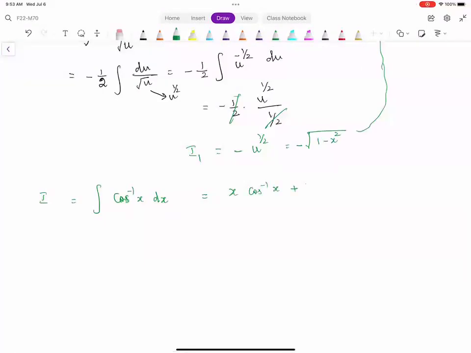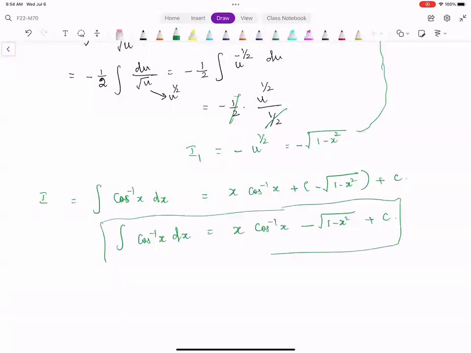What is that I1 that we have evaluated? Negative square root of 1 minus x square plus a constant. So it is x times cosine inverse of x, minus square root of 1 minus x square, plus a constant. This is the indefinite integral of cosine inverse of x dx. Hope this video helps.